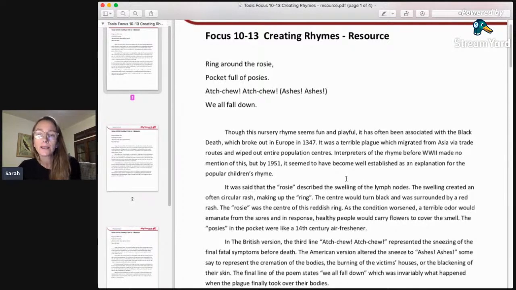It was a terrible plague which migrated from Asia via trade routes and wiped out entire population centers. Interpreters of the rhyme before World War II made no mention of this, but by 1951, it seemed to have become well established as an explanation for the popular children's rhyme.